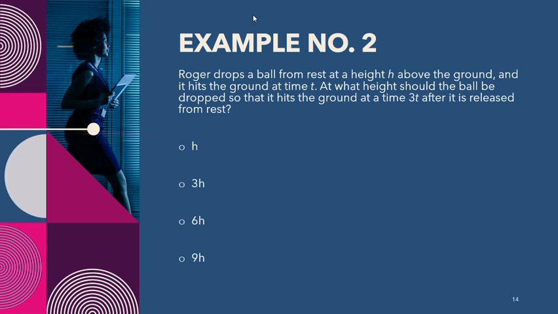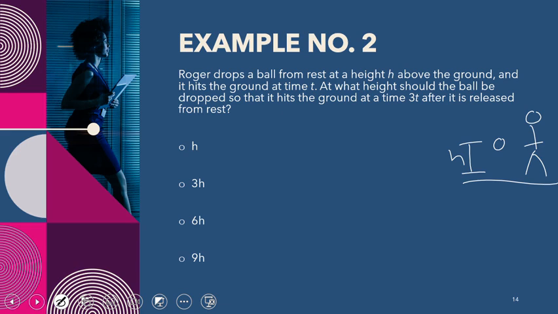Example number 2. Roger drops a ball from rest at a height h above the ground, and it hits the ground at a time t. Now, at what height should the ball be released so that it hits the ground at a time 3t?